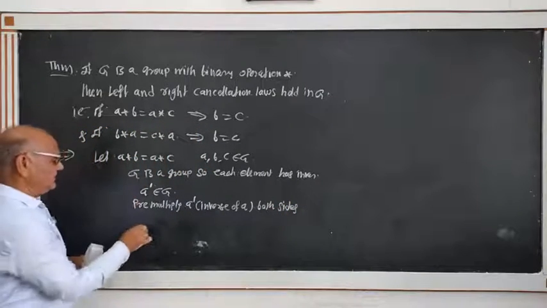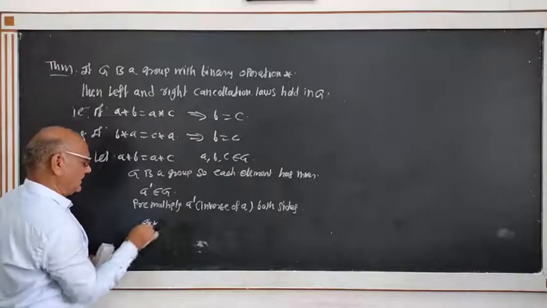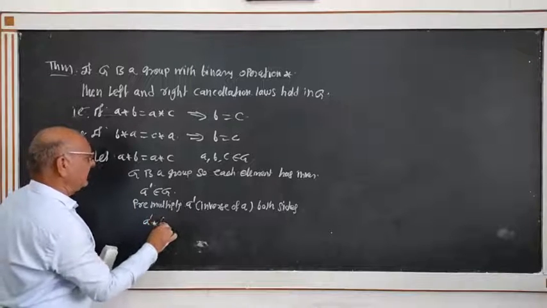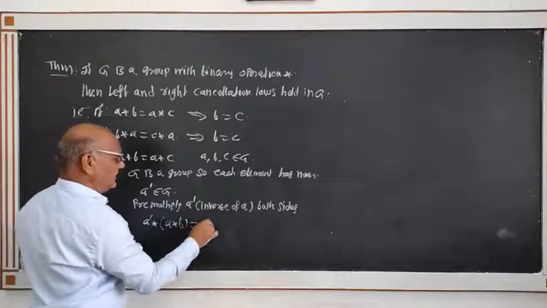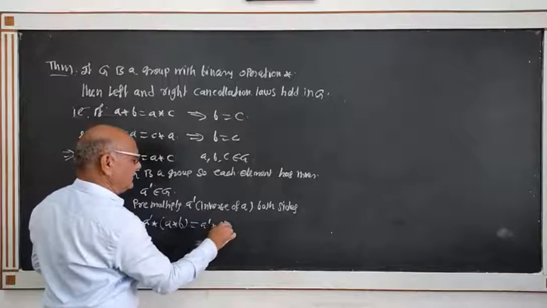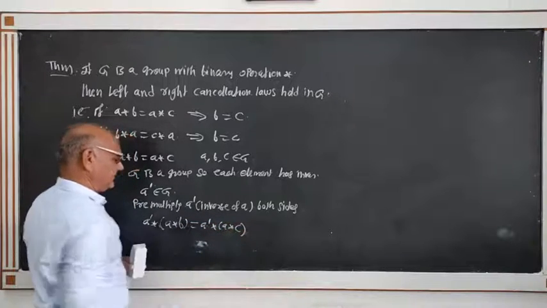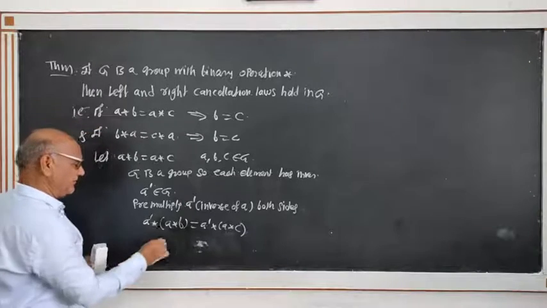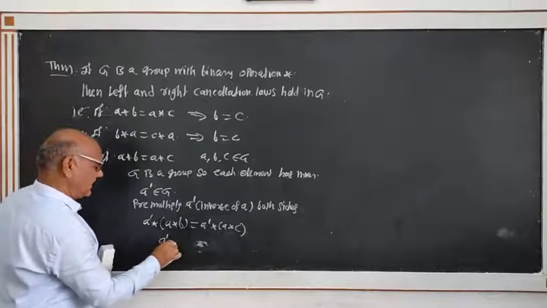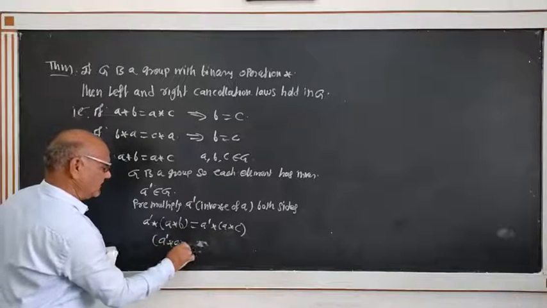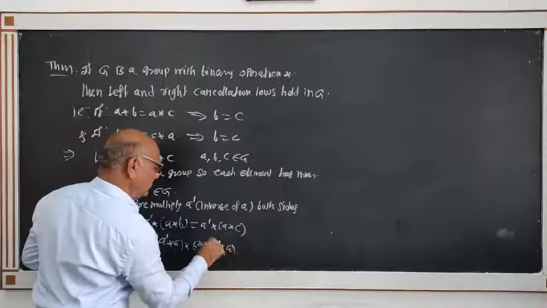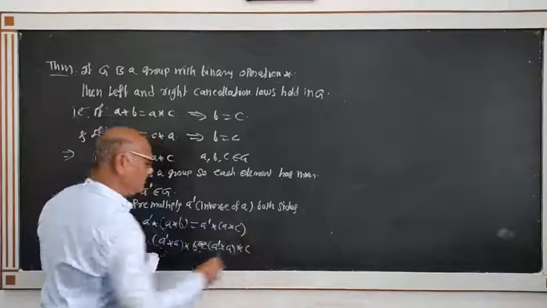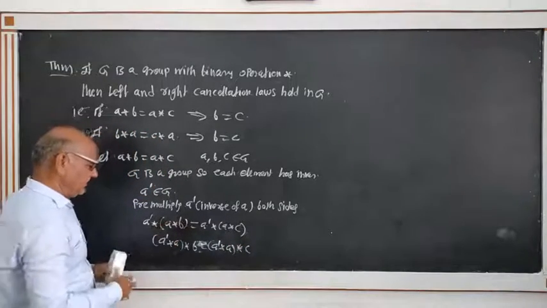Now A dash star, in bracket, A star B is equal to A dash star, in bracket, A star C. Use associative law. A dash star A star B is equal to A dash star A star C by associative property.